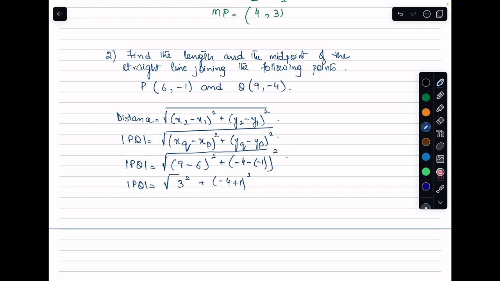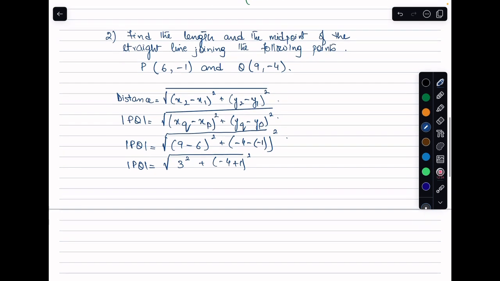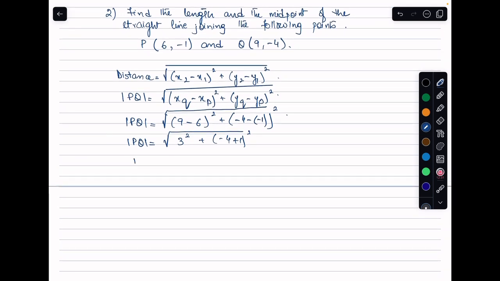Now we need to be very particular with the negative signs because multiplied by negative, the sign always changes. So here I can say it's 9 plus (-3) the whole square, or I can say this is 9 plus 9, giving us under root 18. So under root 18 is going to be the distance of the line PQ.